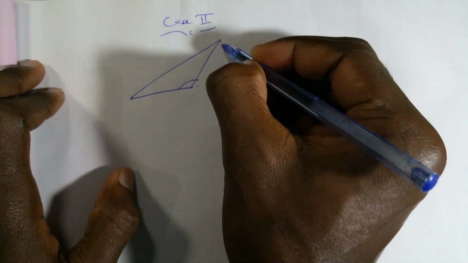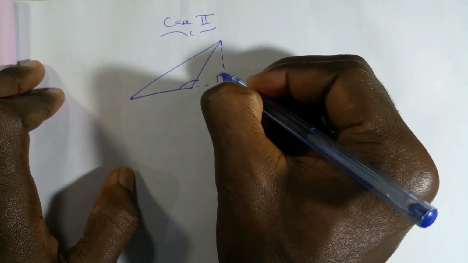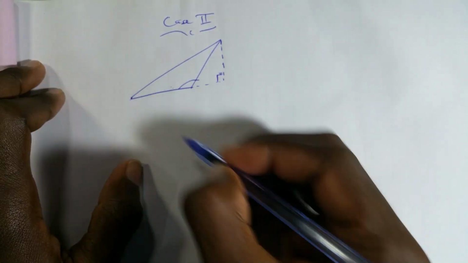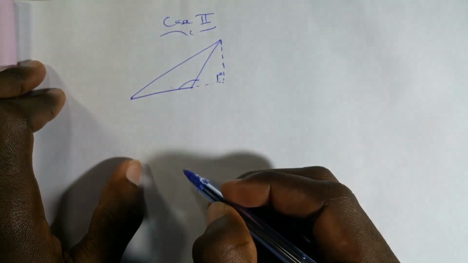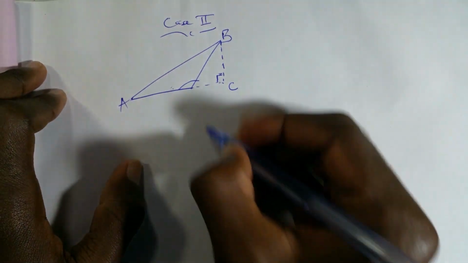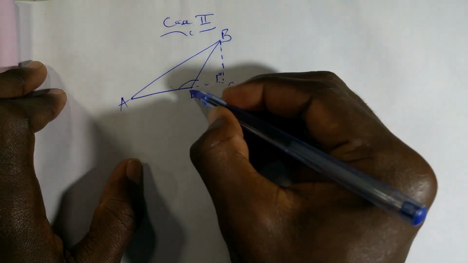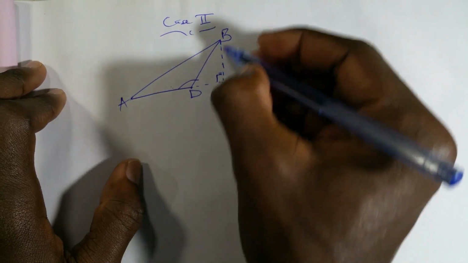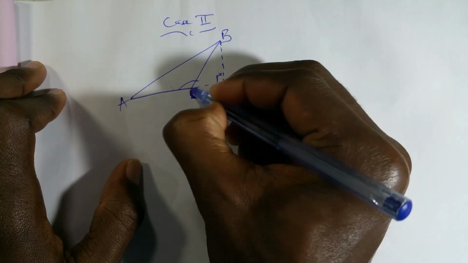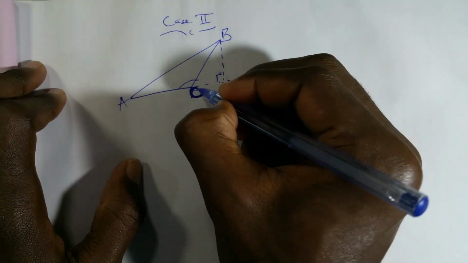then we just produce a perpendicular there. There's no way we could drop a perpendicular here. Since this one is slanting, it's very hard for you to drop a perpendicular on that line. So you just produce it and you drop it outside. So we can put here A, B, and C. Then we put D, the one we have just created here, which is the point of the perpendicular.